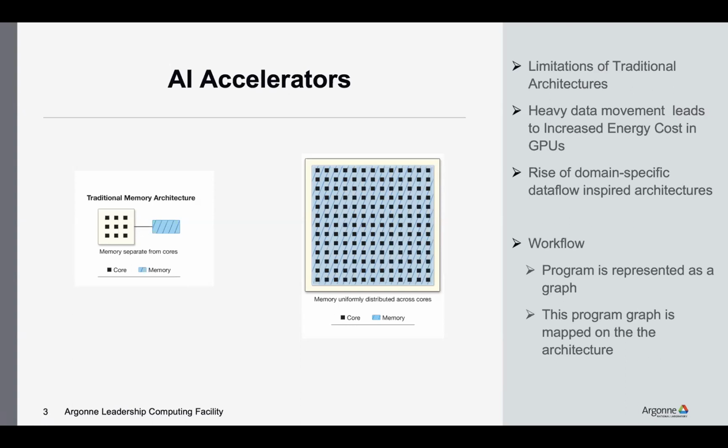The workflow to get your program executed on an AI accelerator can be summarized like this: you represent your program in terms of a graph, then compilers map this graph onto these architectures, and then these graphs are executed. All these architectures have their own software stack to support a similar workflow.